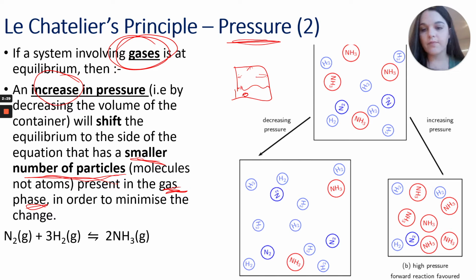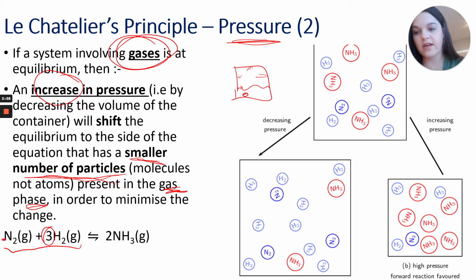So I've got an example here that we can have a look at. I've got this equilibrium of nitrogen gas and hydrogen gas reacting in equilibrium to form 2 moles of NH3 gas particles. Okay, so we've got a whole lot of gas in this one here. Now if we have a look at the reactant side, how many moles of gas do I have? So I've got 3 moles of hydrogen.